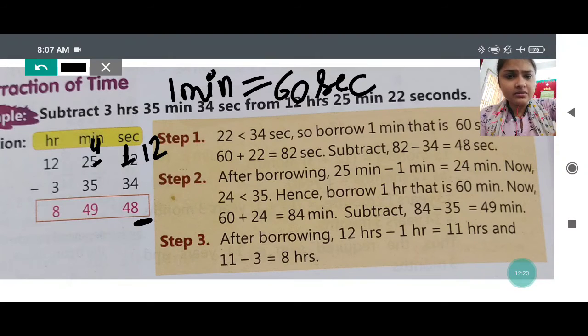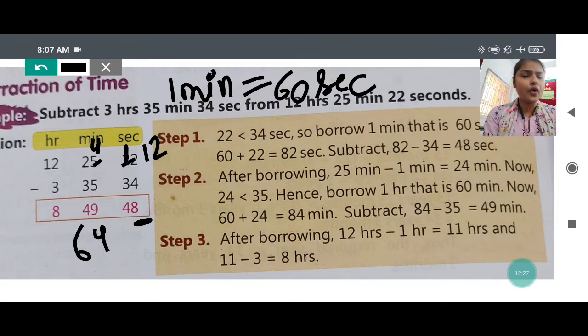So it will become 61. 1 was at the tens place and 60 we have added to make 61. So from that 61 we have to subtract 4, isn't it?